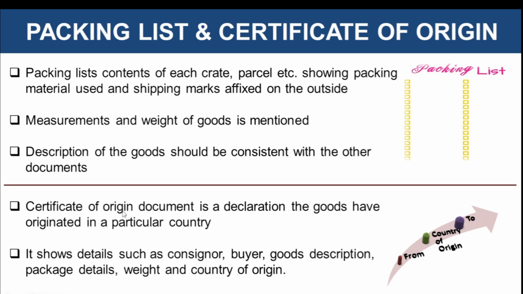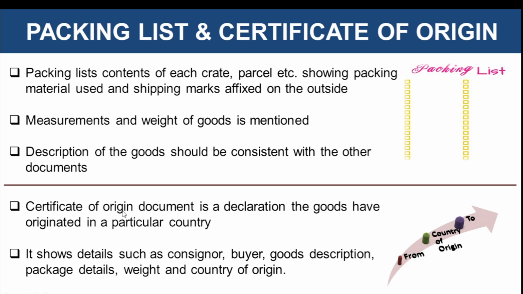Second is the certificate of origin. Certificate of origin is a proof that the goods originated from a particular country. Many of the details would be the same in each trade document, but each trade document has certain specifications in it. For example, bill of lading was a transportation proof.